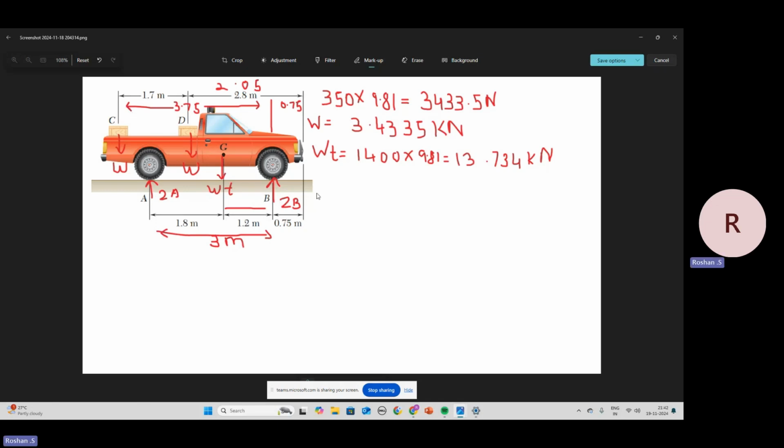Now let's calculate the moment. Now we'll consider it to be an anti-clockwise moment. So it is positive.